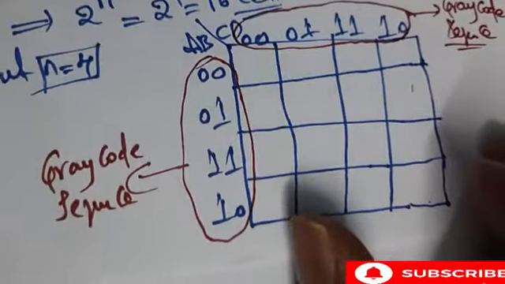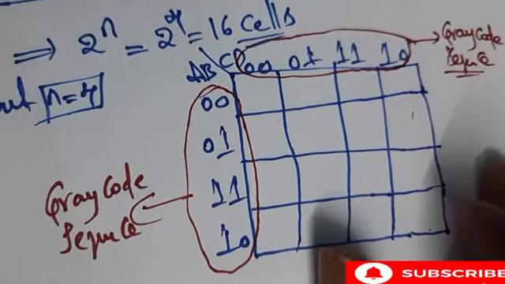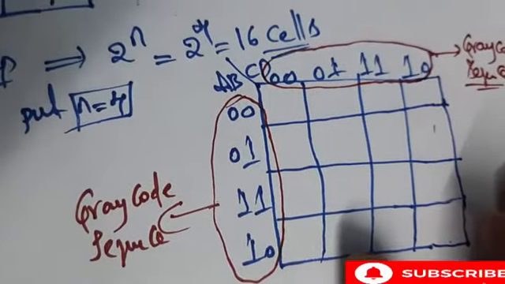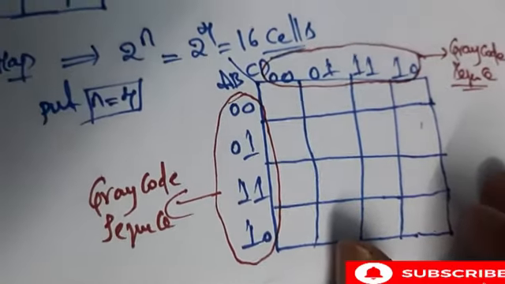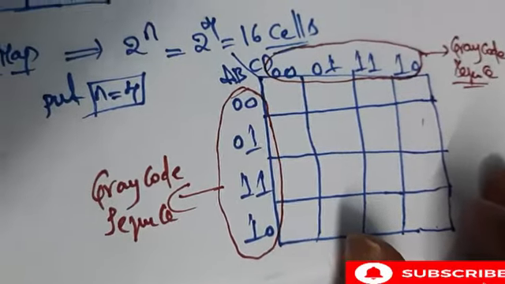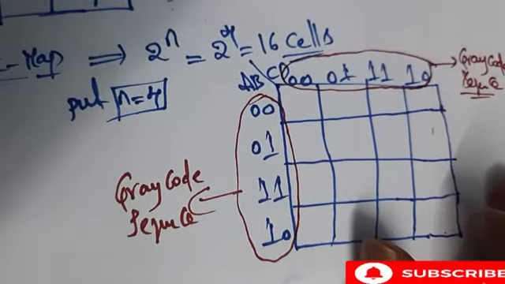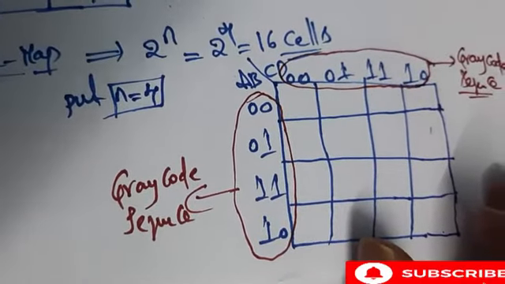The distance between the codes will be 1 for the Gray code. In the K-map we are using the Gray code sequence. Let's see this for 1 variable, 2 variable, 3 variable and 4 variables.